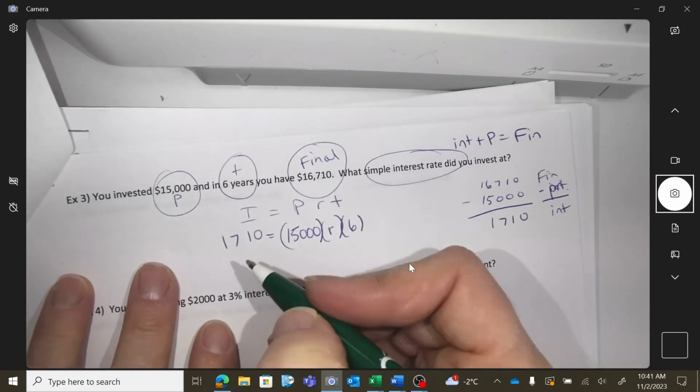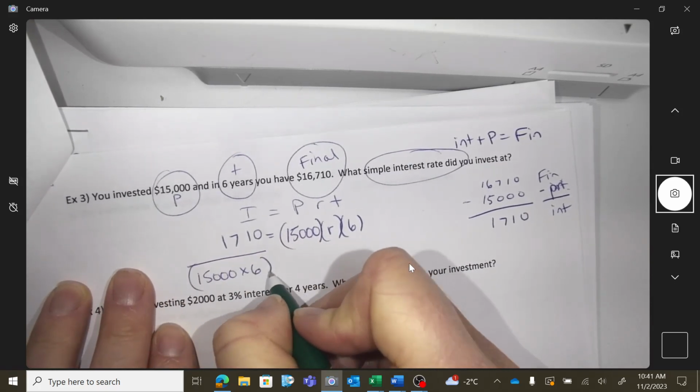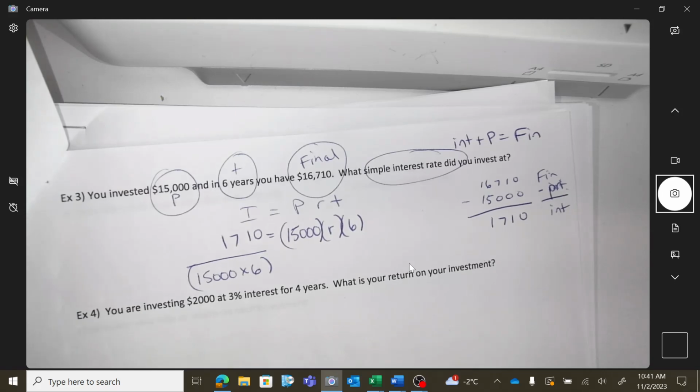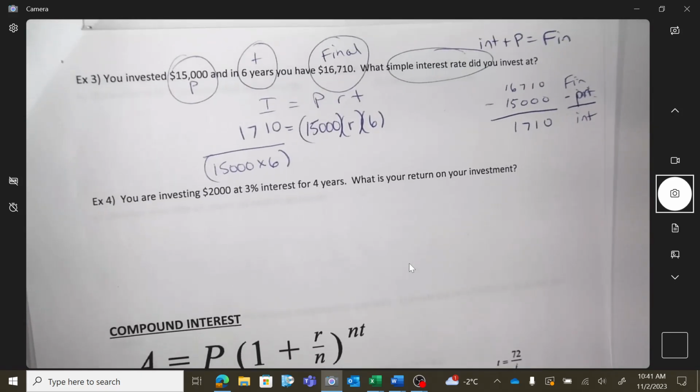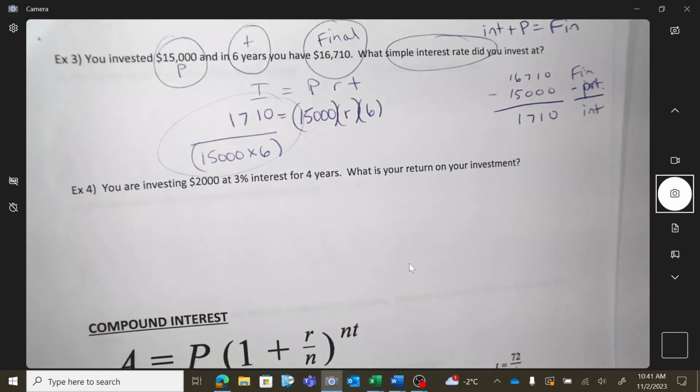Okay, so you're going to divide by, and then you'd want to put that in brackets. So can you type that in?